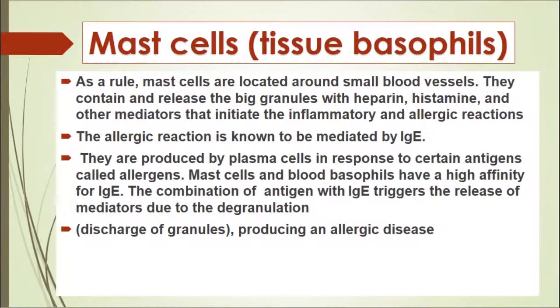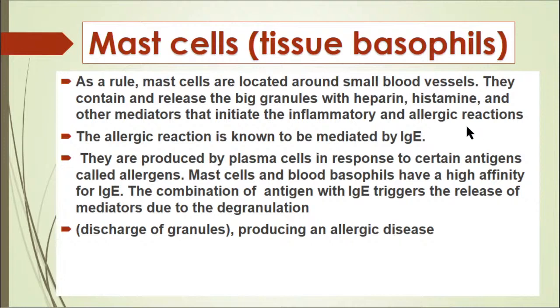So this is the metachromatic effect. That's mast cells, tissue basophils. As a rule, mast cells are located around the small blood vessels. They contain and release the big granules with heparin, histamine, and other mediators that initiate the inflammatory and allergic reaction.